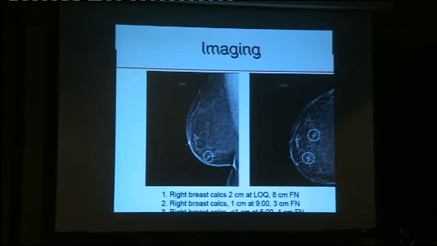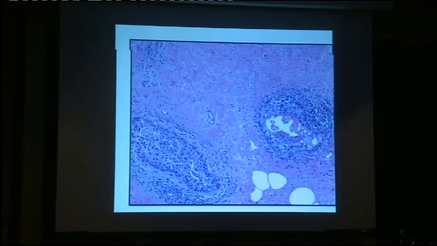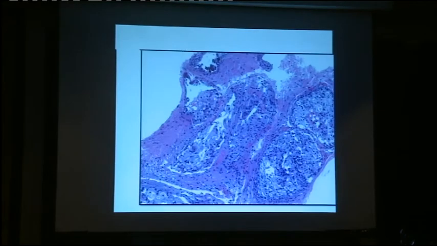And she had stereotactic core biopsies of these areas, and this is one of the biopsies showing a high-grade ductal carcinoma in situ with some periductal fibrosis and inflammation, and higher magnification showing the DCIS, and DCIS was associated with microcalcifications.